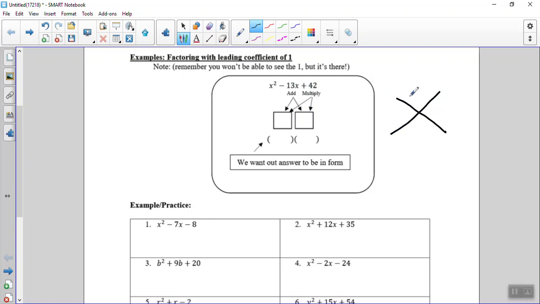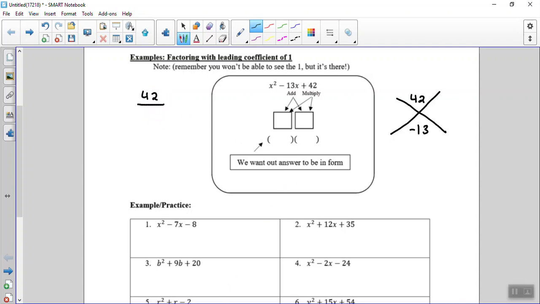I like to put the 42, the number I'm multiplying, up here, and then the other number, negative 13, the number I'm adding, I write it down here. This is where I'm trying to find the two numbers. So you have to just look at 42 and try to find all of the numbers that multiply together to get you 42.